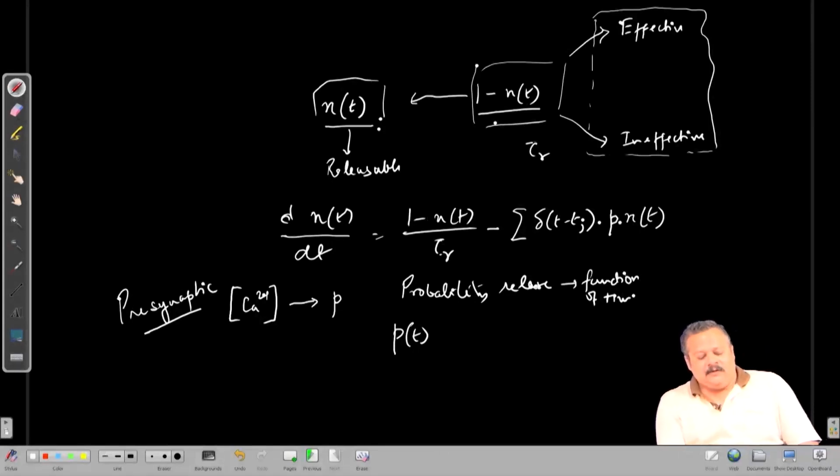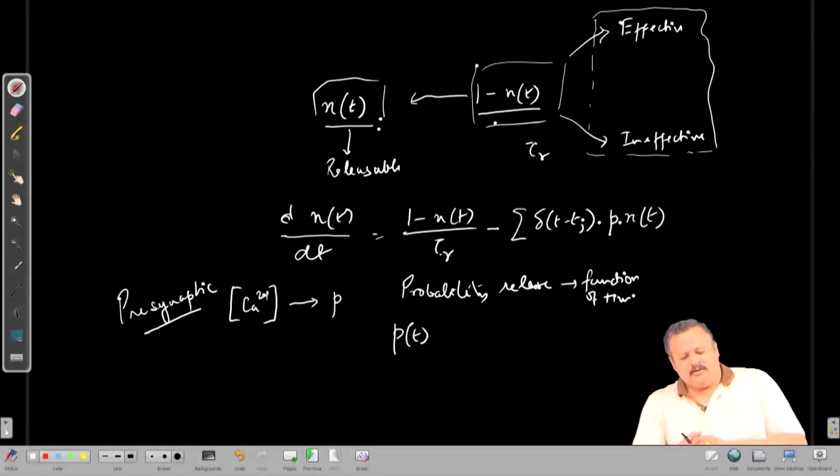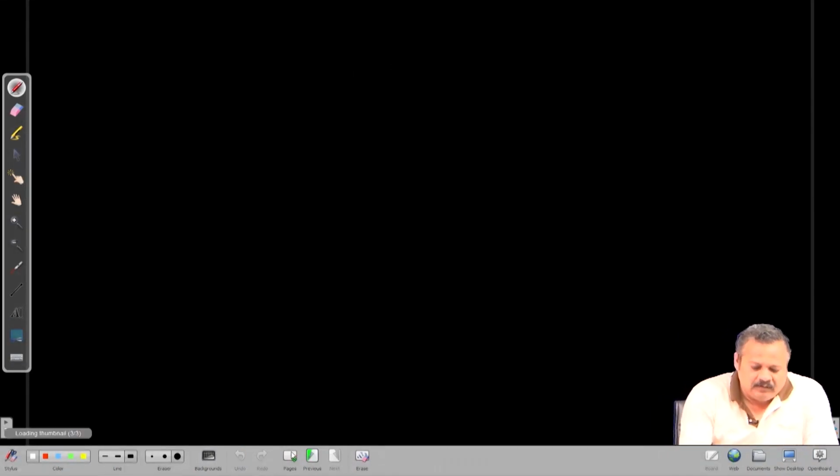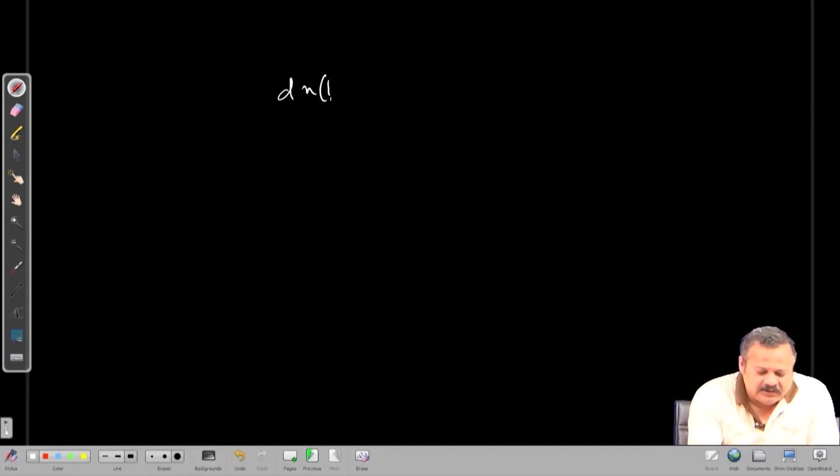And for the facilitation, the idea is that for every spike there is some leftover calcium that is going to be present, and be released into the synapse, that is going to drive more neurotransmitter to be released into the synaptic cleft. So, in other words, if we modify that, let us repeat the dNt dt equals 1 minus nt divided by tau r.